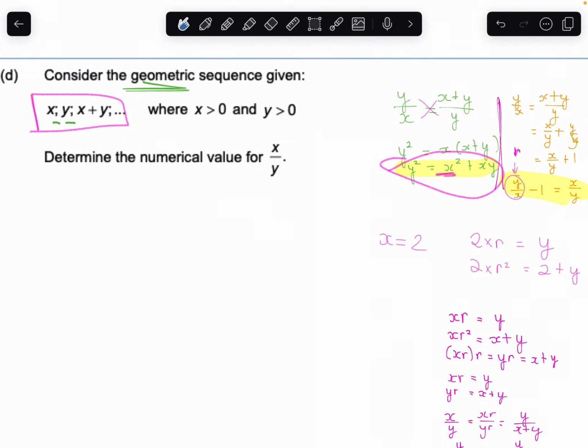Okay, so we can't really graph this because these don't really look like graphs we typically work with, do they?